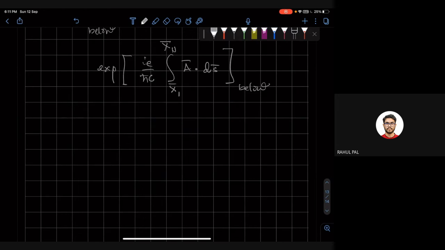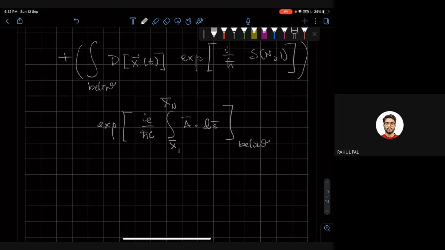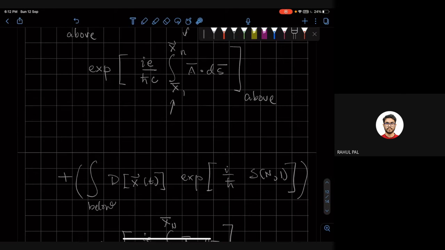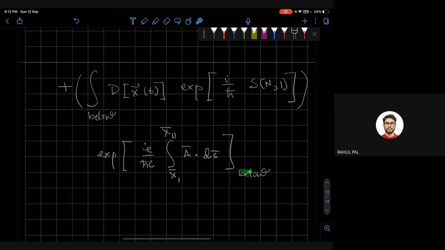So now you see that what we have is, sorry, I misspoke. I think it's important that this integral, keep in mind that we are doing it for all the paths above and all the paths below here, because if they were the same, then of course there would not be a magnetic field.